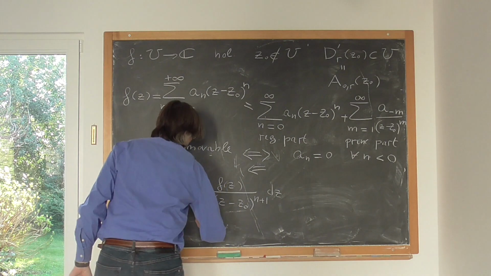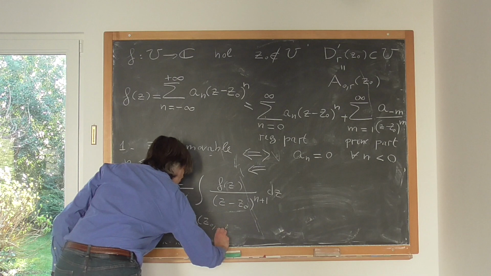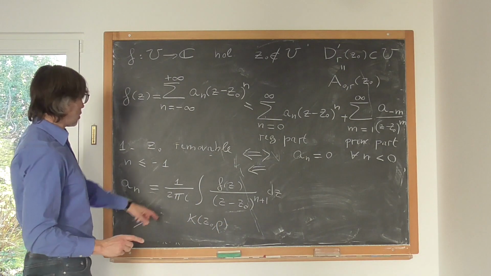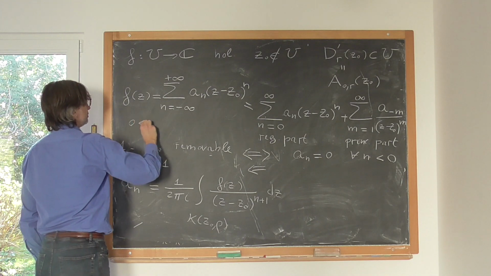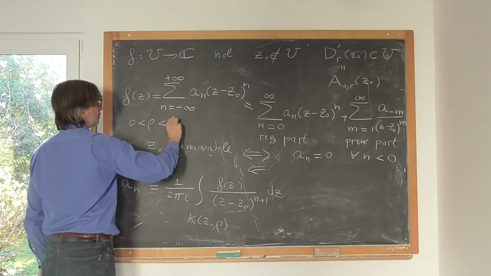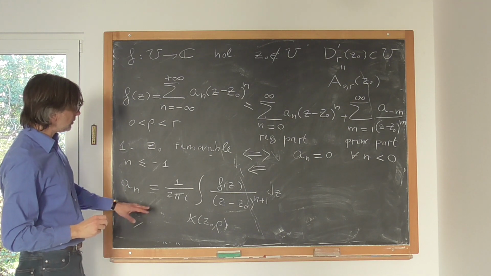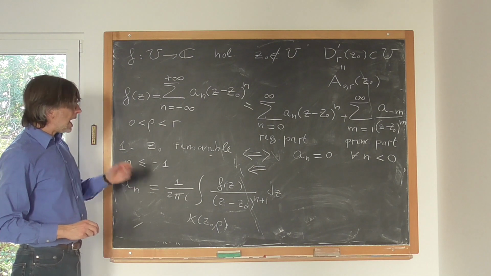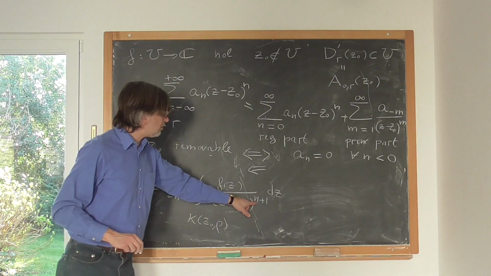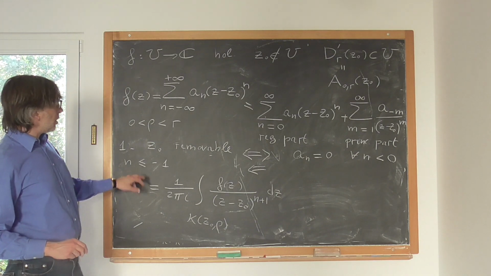So this is an integral on a circle k_rho of z naught, where rho is positive and smaller than r. Okay, this is the formula for the coefficients of the Laurent series, and in this case, this number n plus 1 is less or equal than 0.